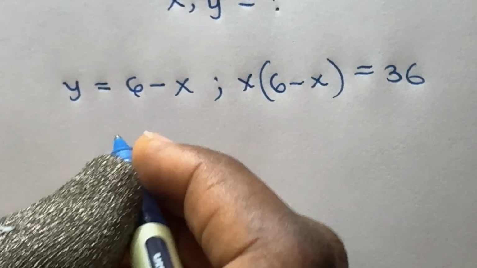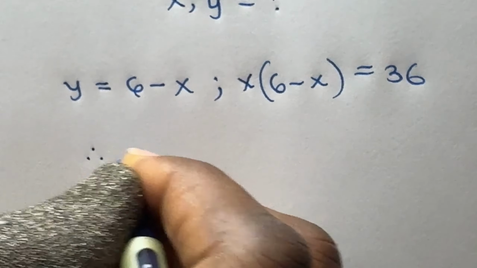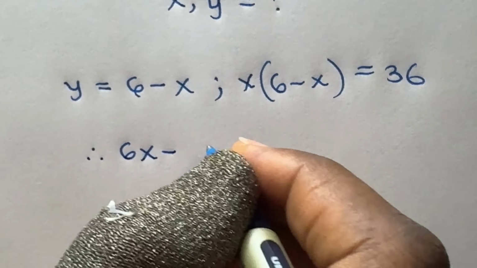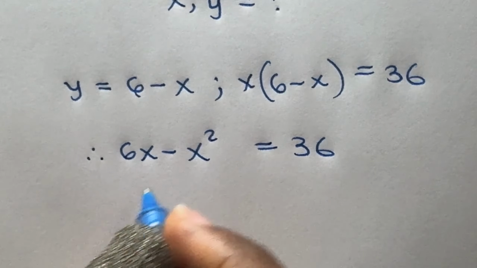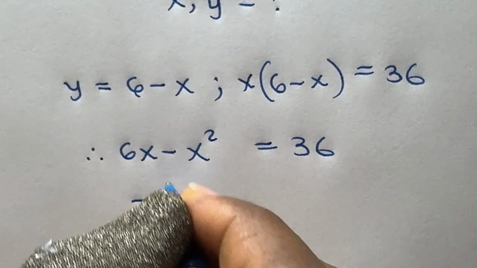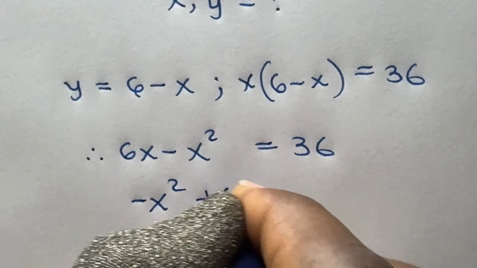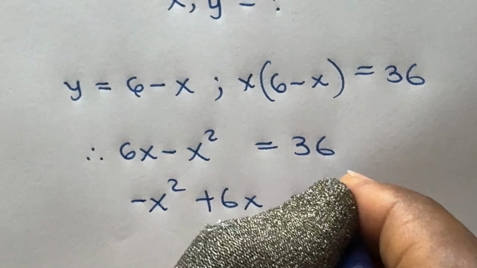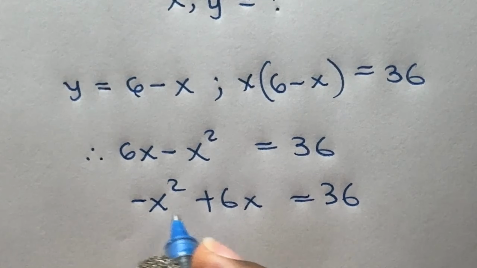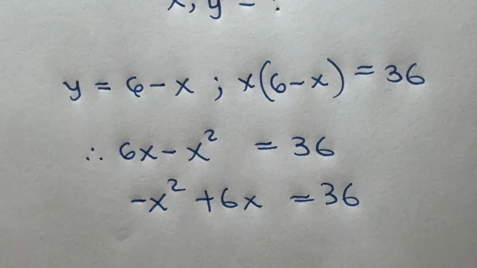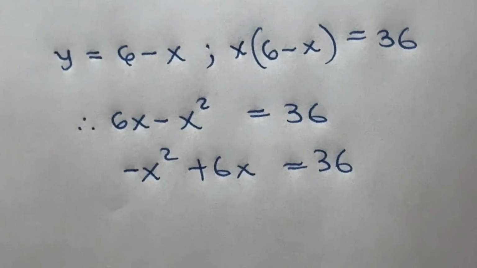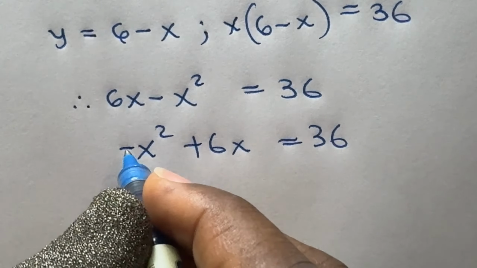I'll open this bracket. This will give me 6x minus x squared is equal to 36, or minus x squared plus 6x is equal to 36. I can multiply through by -1, or I can bring this to the left hand side first of all. But I'll do the first.